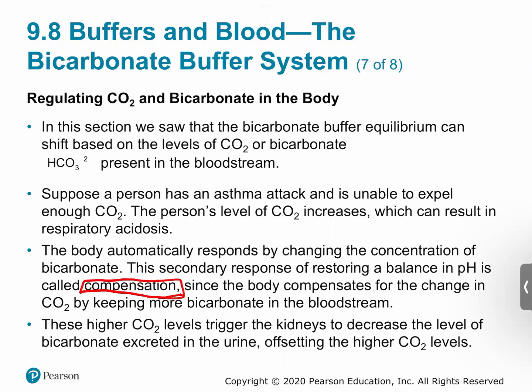So understand what compensation is. In that person, CO2 is going up with the asthma attack. So you have like this person. It helps to draw things out sometimes. They're not able to breathe enough, or they're not exhaling properly.